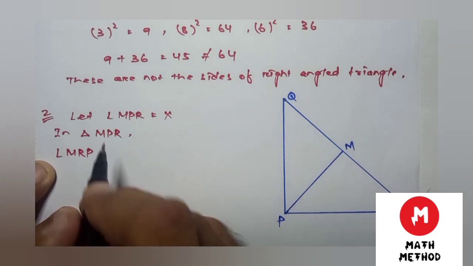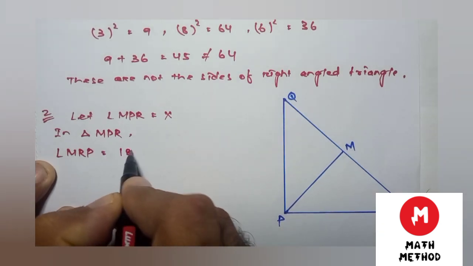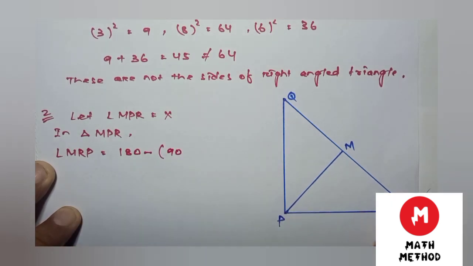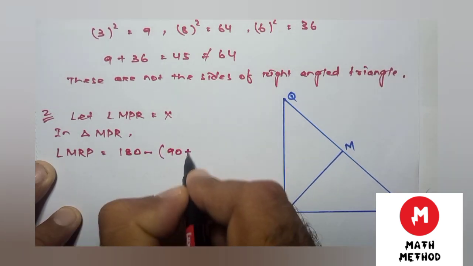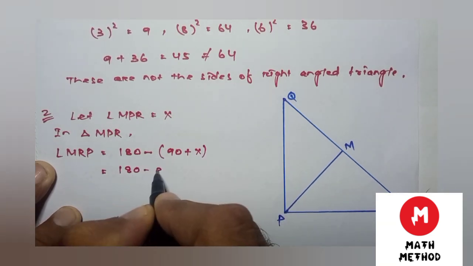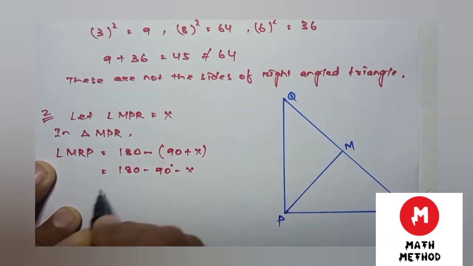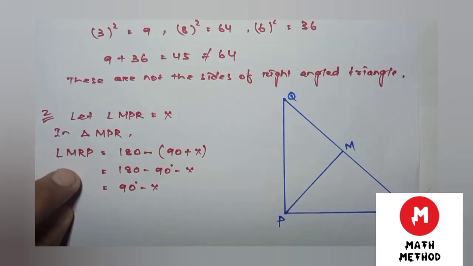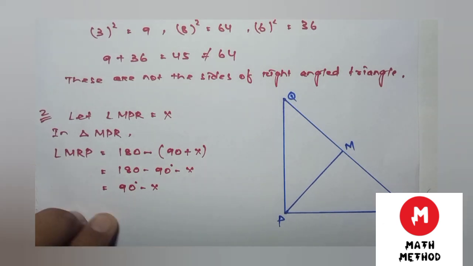So angle MRP is equal to 180 degree minus 90 degree minus X, which is equal to 90 degree minus X. Clear? So angle MRP is equal to 90 minus X.